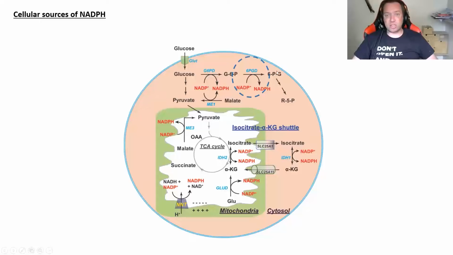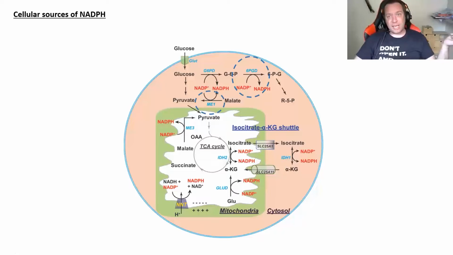In cells, there are lots of other processes, including IDH enzymes, GLUD, which is involved in the entry of glutamate into the citric acid cycle, but also in particular malic enzyme. And this is thought to be a very important source of NADPH production in both macrophages and 3T3-L1 adipocytes.